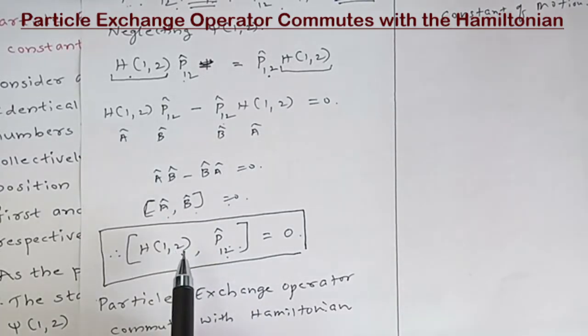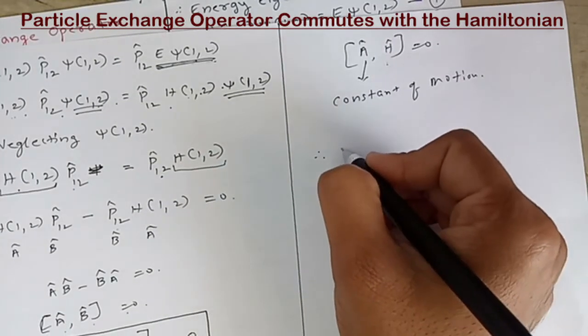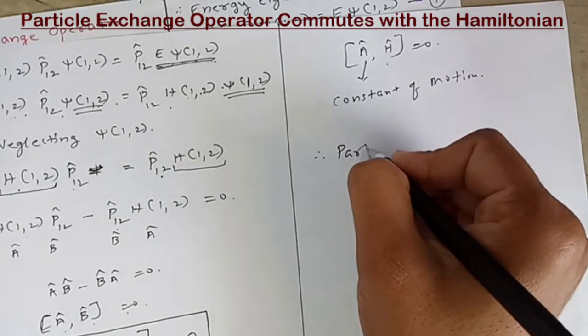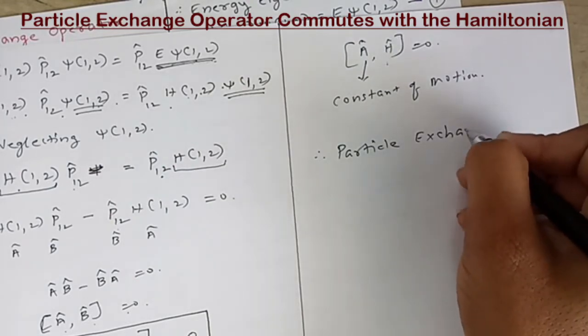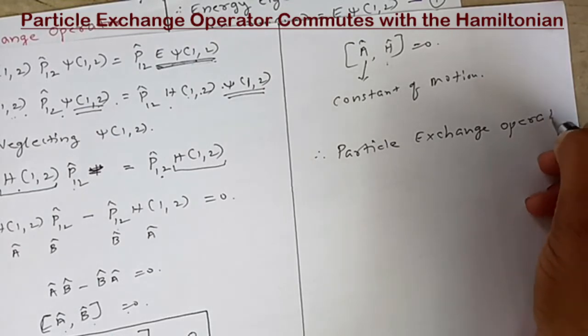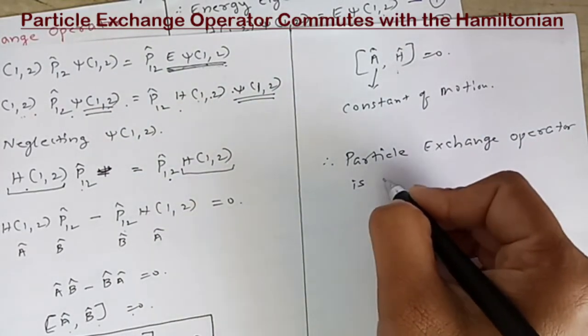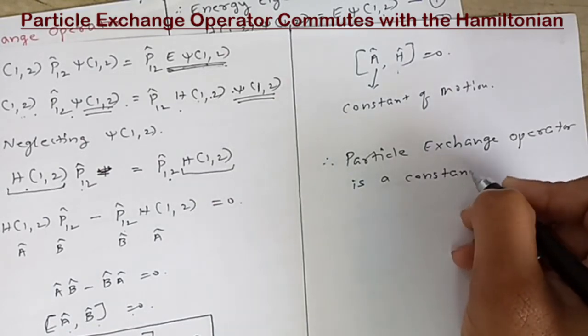And what we said just now is that if any operator commutes with the Hamiltonian, then that operator is called a constant of motion. Therefore, the particle exchange operator is a constant of motion.